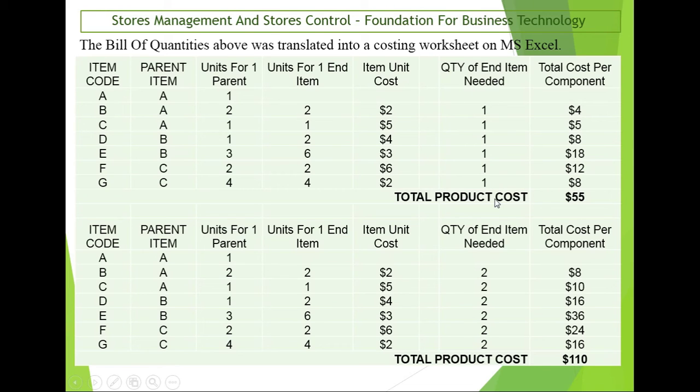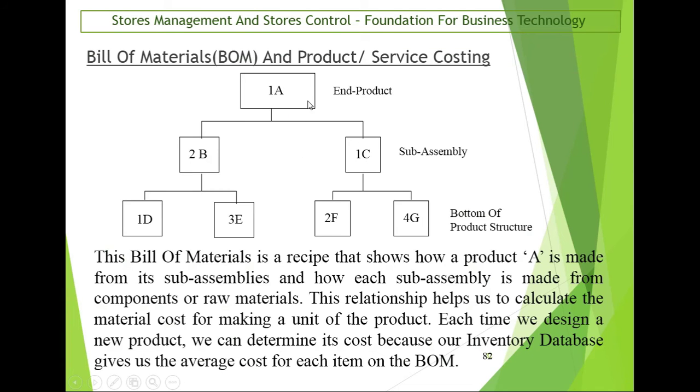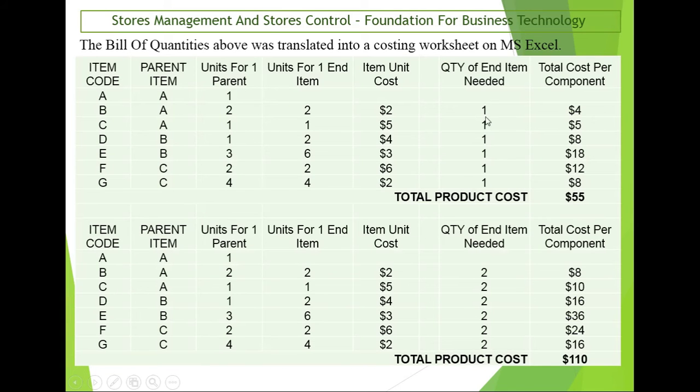If we now change the quantity of the end product, in other words, we have decided we are no longer making 1 of A, we are making 2. We can even say we are making 500. All we do is simply change this column and we put the new total number of the end product.